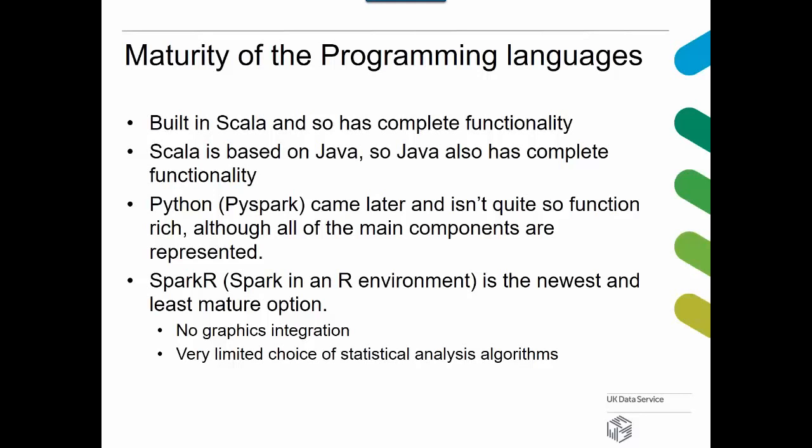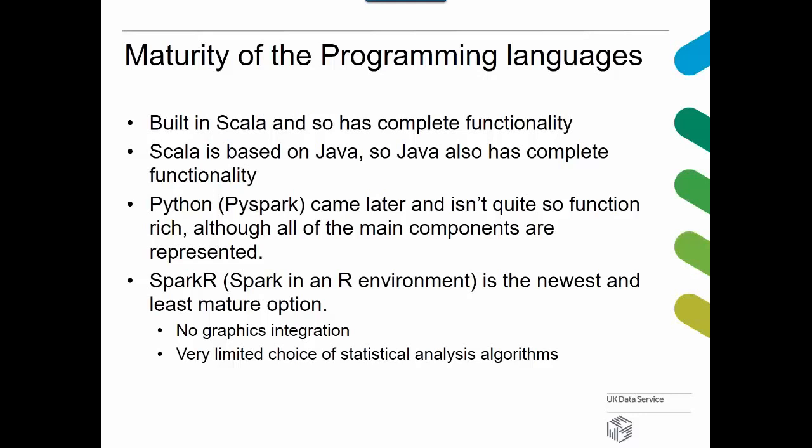Python, or PySpark as it's called, came a bit later and doesn't quite have all of the functionality, although the main components are there. Frankly, you'd probably have to do something pretty complex and unusual to find something that you can't do in PySpark and would have to do in Scala. So it's not really much of a restriction using Python.